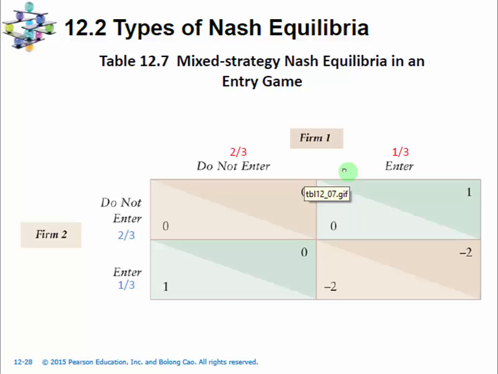And notice that the reason why we have 2/3, 1/3 on the 2 different strategies for these 2 firms, instead of 1/2 and 1/2, is because this payoff structure is no longer as simply symmetric as the previous example for mixed strategy Nash equilibrium.